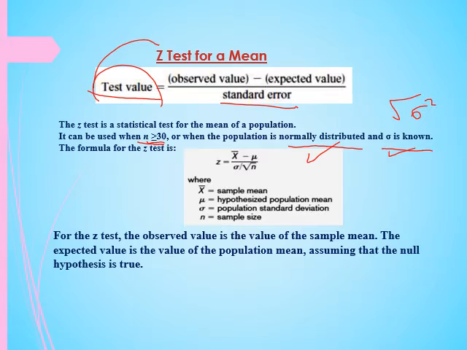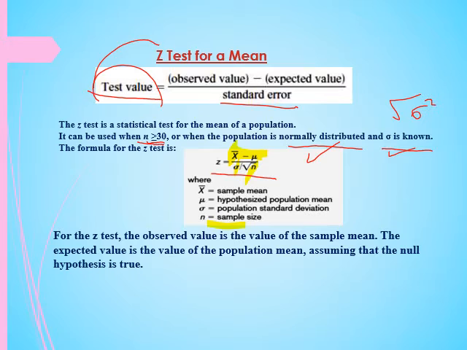Here we can substitute in this formula: z equals x bar, which is the sample mean, minus mu, which is the hypothesized population mean, over sigma, which is the population standard deviation, over the square root of n, the sample size.